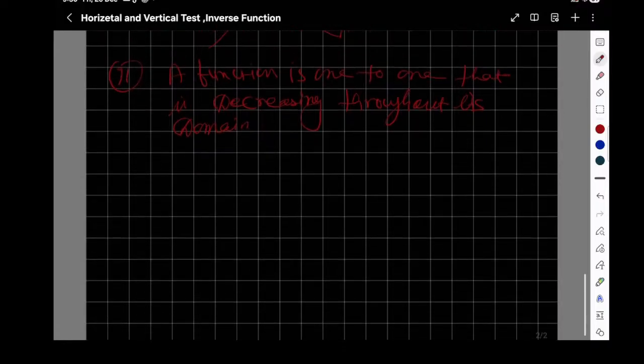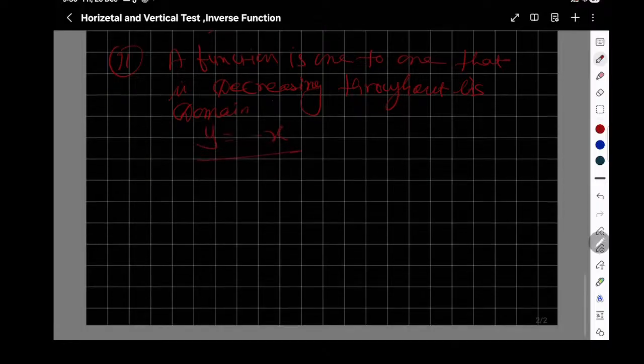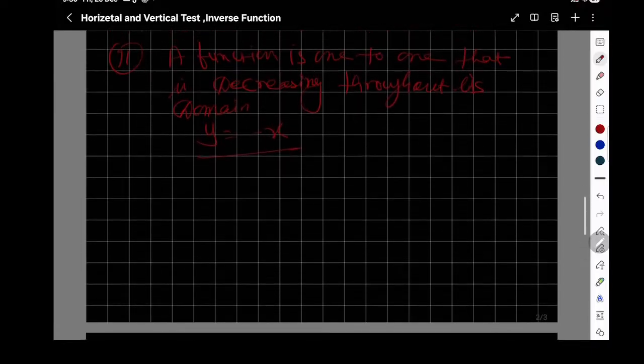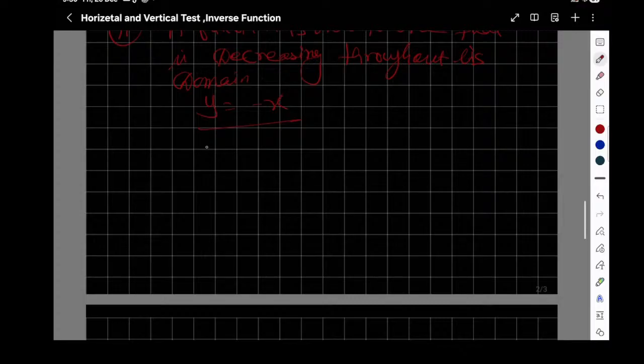If you take any function, like y = -x, then the function is decreasing throughout its domain, which is the whole real numbers, negative infinity to positive infinity.